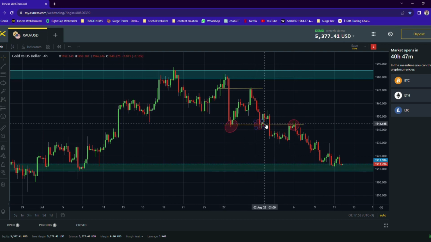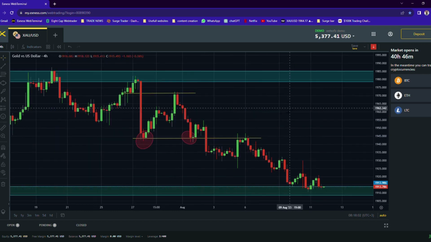Now these two supports were broken and retested, and the market started rejecting exactly right there. This 4-hour candle was a very clear indication that we are going to the downward side on gold.